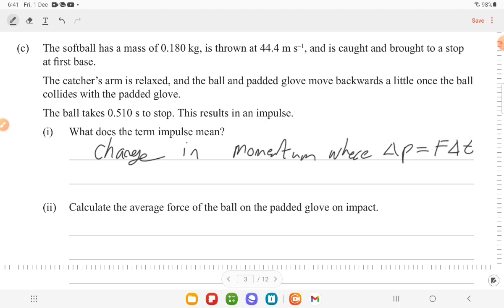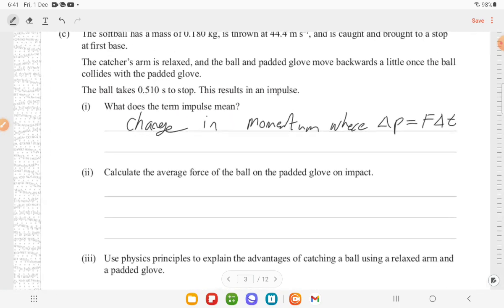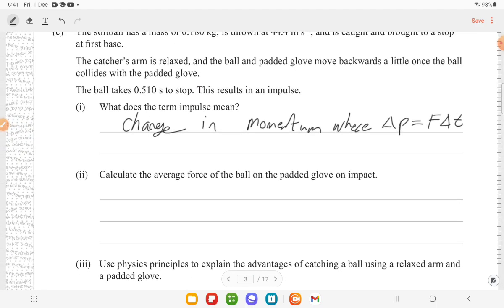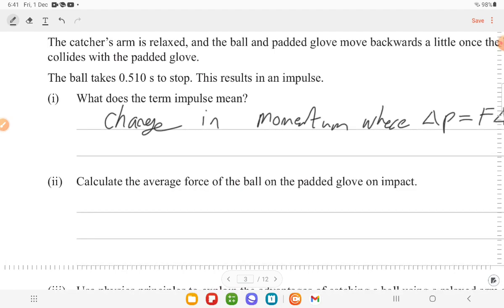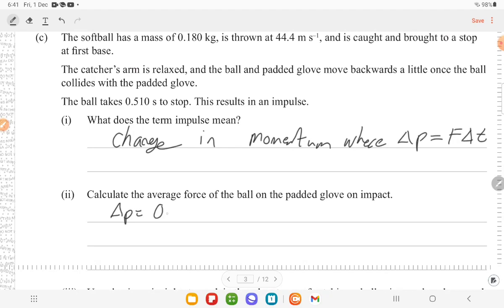Calculate the average force on the ball. So basically, if it comes to a stop, that just means the final momentum is 0. So the change in momentum was 0.18 kilograms times 44.4 meters per second, which is equal to 0.92 kilogram meters per second.